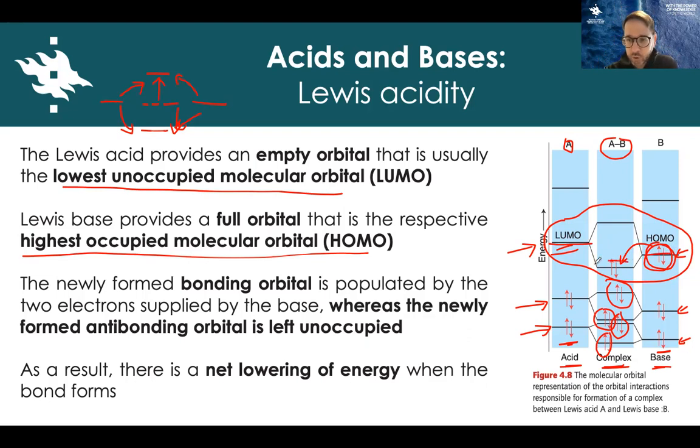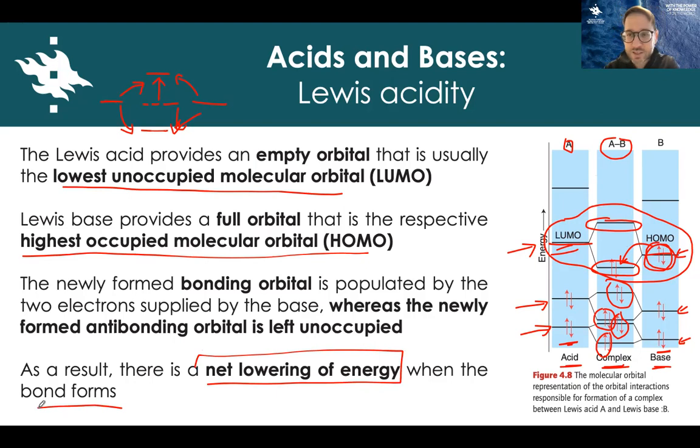So this kind of orbital is called a bonding orbital, and this kind of orbital, in which the energy is raised, is the anti-bonding orbital. Because electrons occupy only the bonding orbital, the orbital in which the overall energy of the system is lowered, this means that as a result of this acid-base interaction, there is a lowering of the overall energy of the system when the bond is formed.